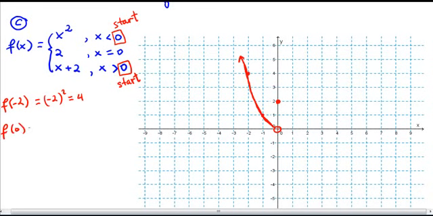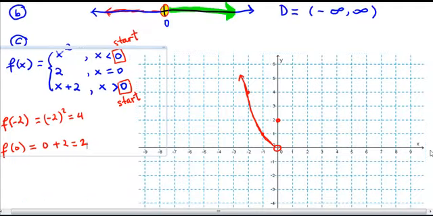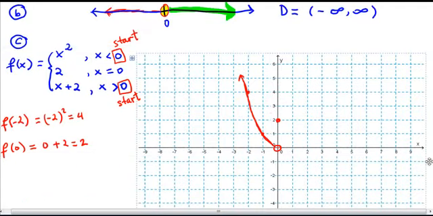So I have 0 plus 2 equal to 2. So when x equals 0, y is 2.